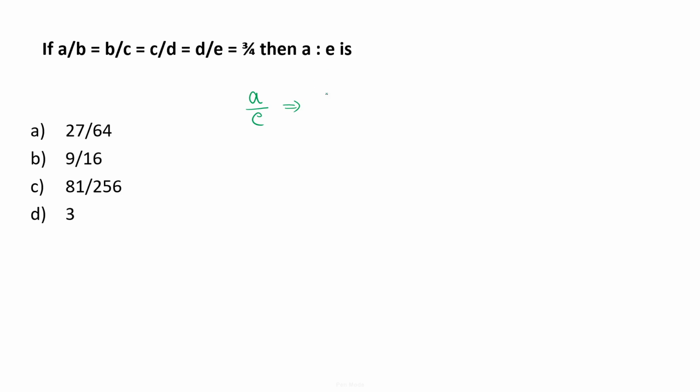A upon E would be the product of A upon B, B upon C, C upon D, and D upon E. But all those ratios, A is to B, B is to C, C is to D, D is to E, are all equal to 3 by 4. That means the result of A upon E is nothing but A power 4 by B power 4. When A by B is equal to 3 by 4, then the result would be 3 power 4 by 4 power 4. That is 81 by 256. Where is that? Option C. 81 by 256 would be our answer.